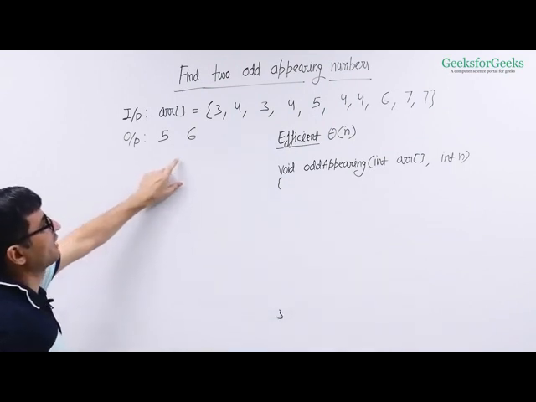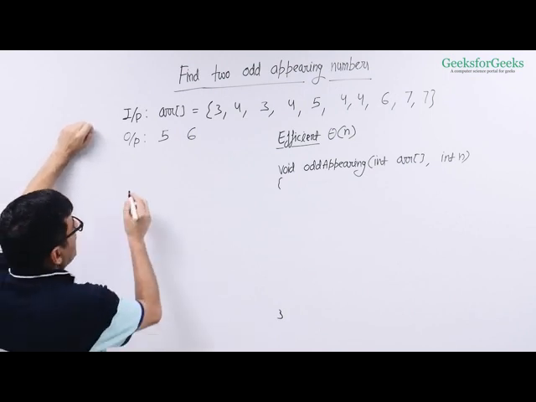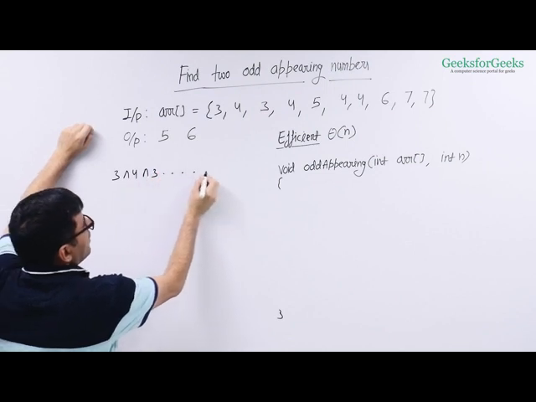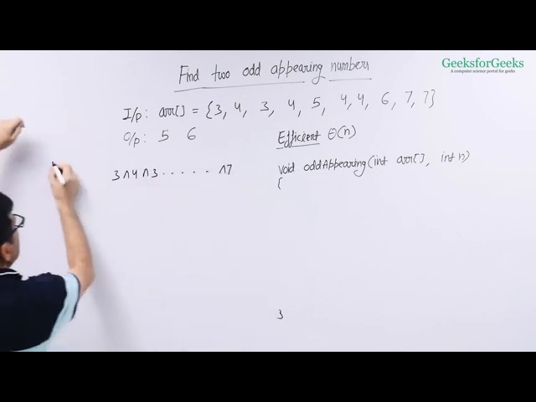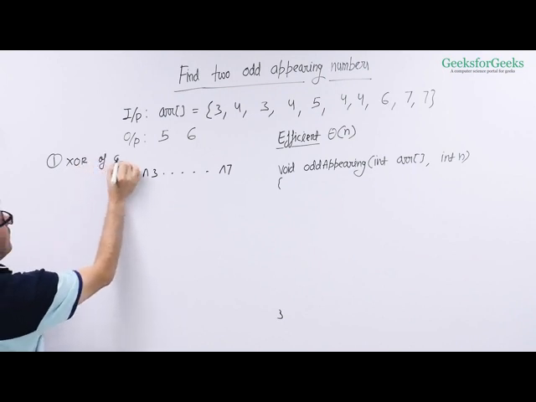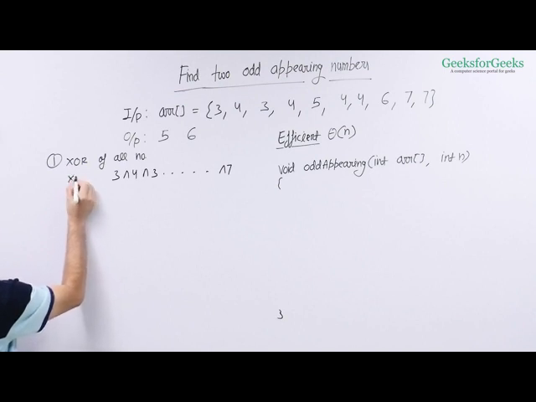So our first step is the same as the previous algorithm. We do XOR of all the numbers, right? So we find out XOR of 3, 4, 3 till 7, right? We do XOR of all the numbers. So let's call this XOR.